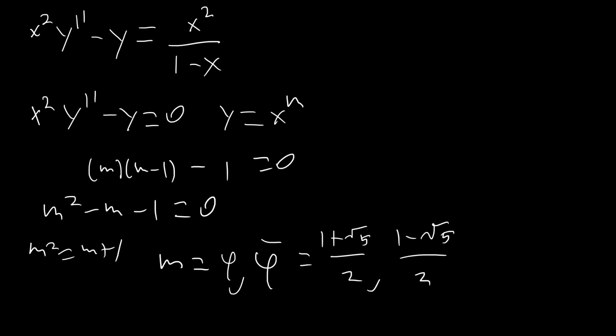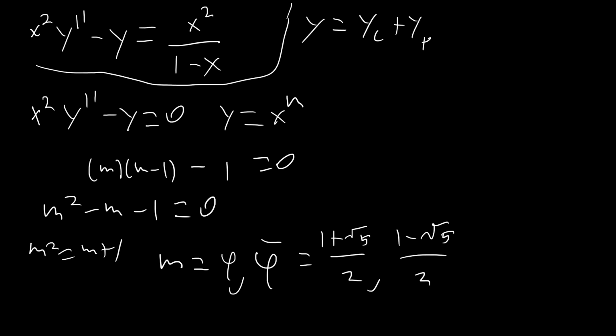So if we take our original differential equation, once we solve it, our total solution y is going to equal yc plus yp. Basically yc is the general solution, which would be c1 x to the phi plus c2 x to the phi bar.